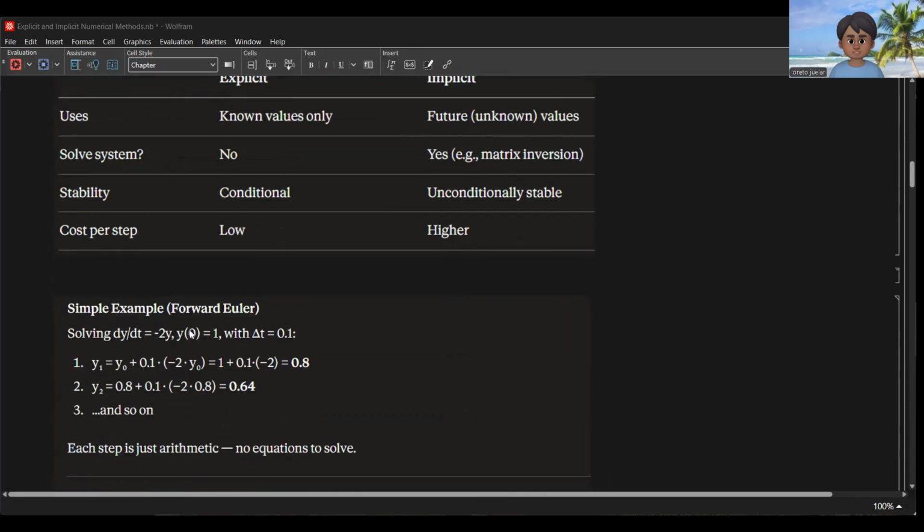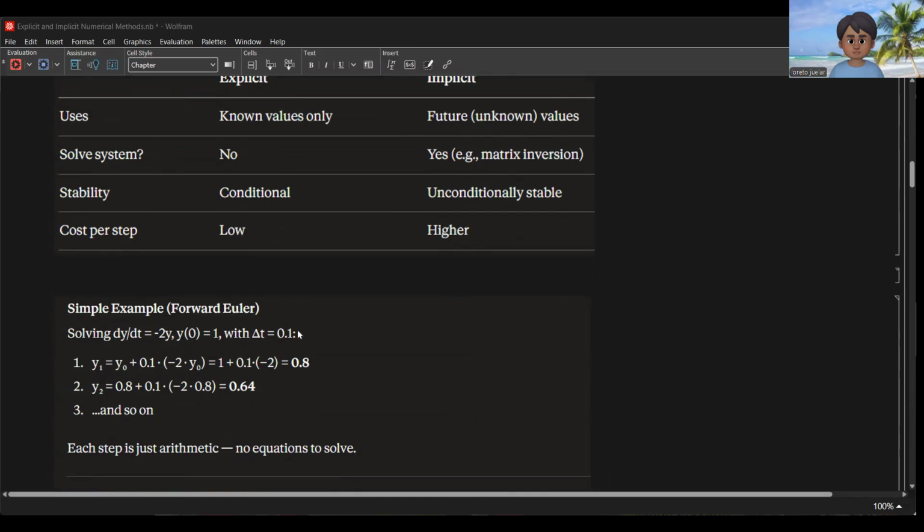So we have a simple example here, the forward Euler. We solve dy/dt equal to -2y with y equal to 1 at time equal to 0, so y_0 equals 1, with Δt equal to 0.1.